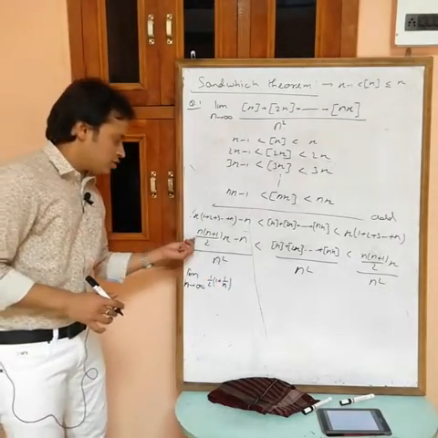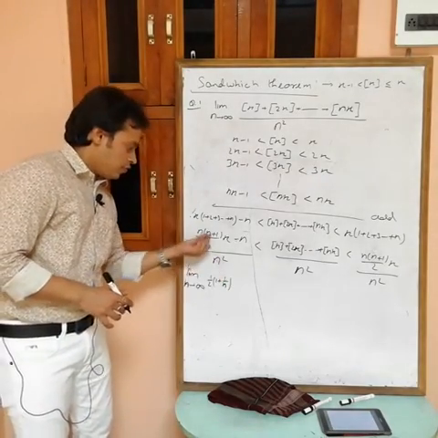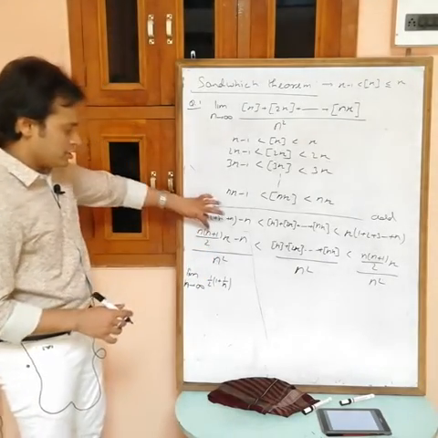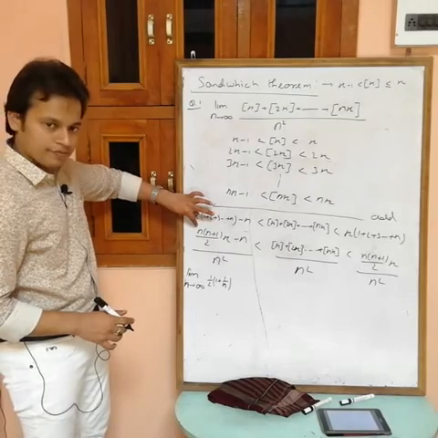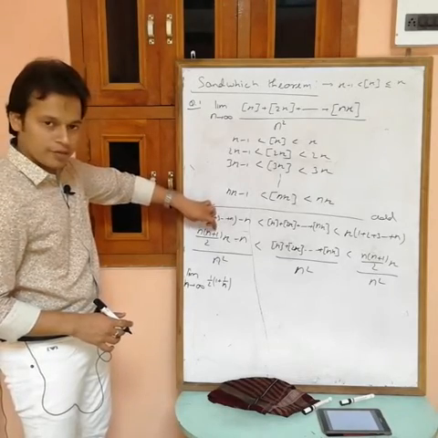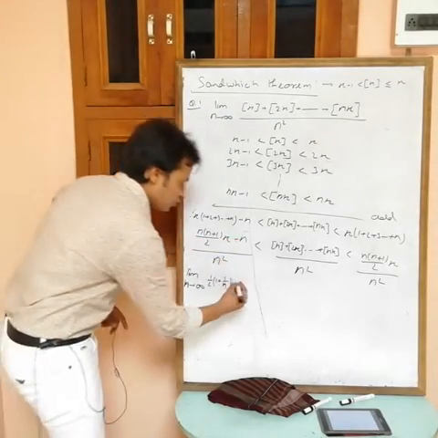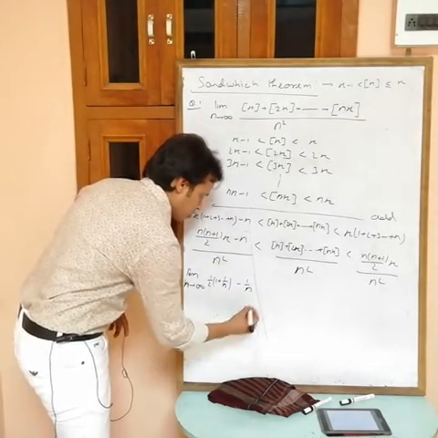Similarly in the other term, n square cancels out, and the 1 by n remains.